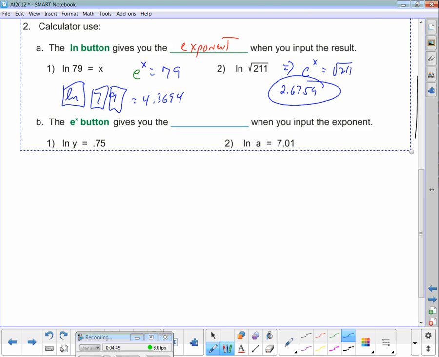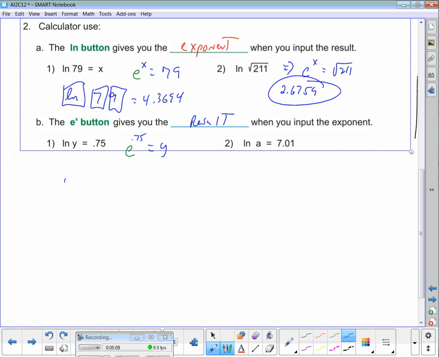All right, the e to the x button gives you the result when you input the exponent. So number one would really be e to the 0.75 equals y.